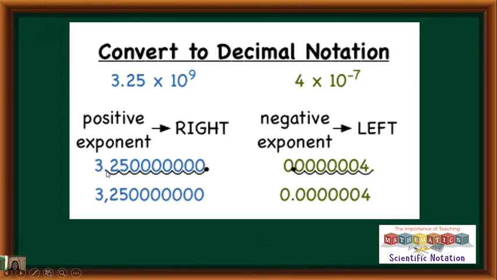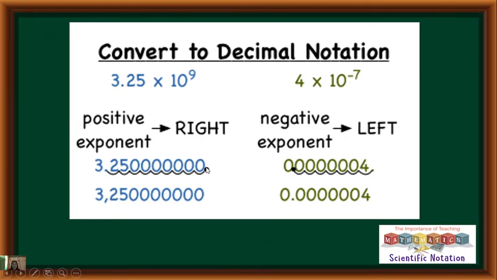3.25. This is the original location. Move to the right. As you move to the right, you add zeros. So we have 1, 2, 3, 4, 5, 6, 7, 8, 9. This is now the final location of our decimal point.